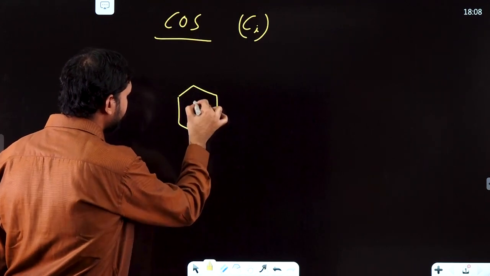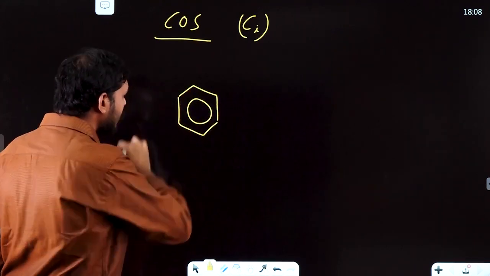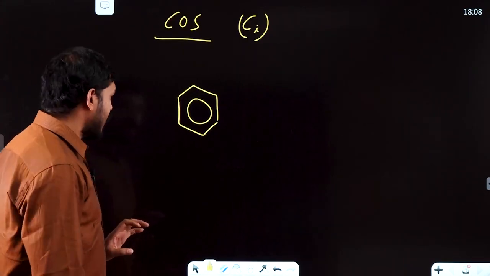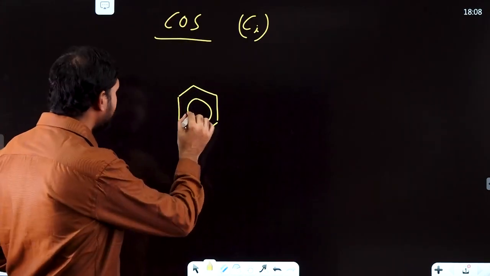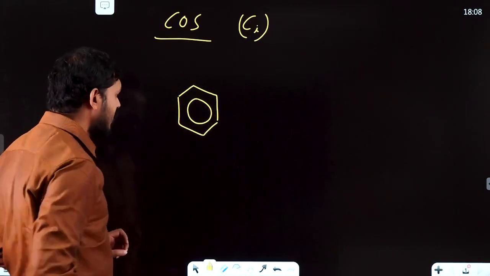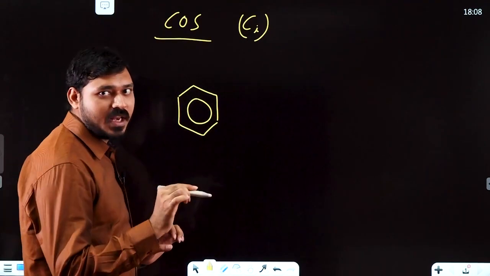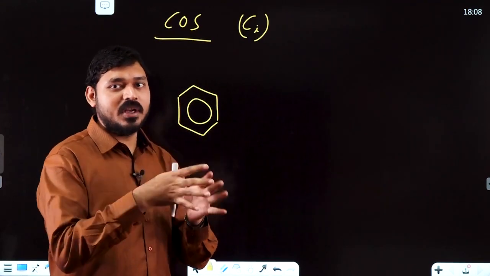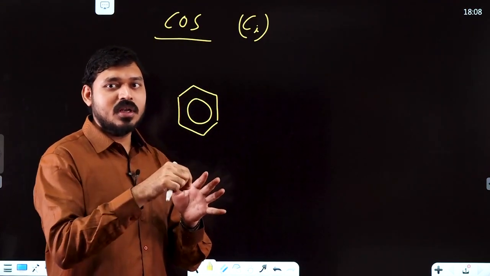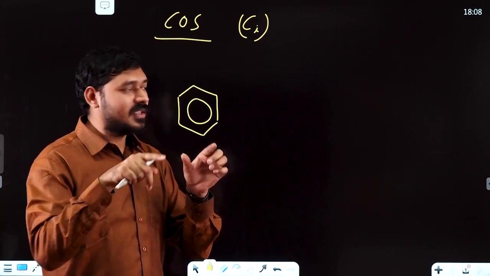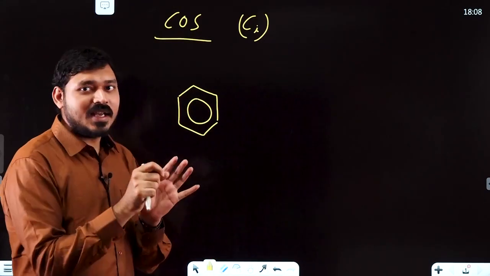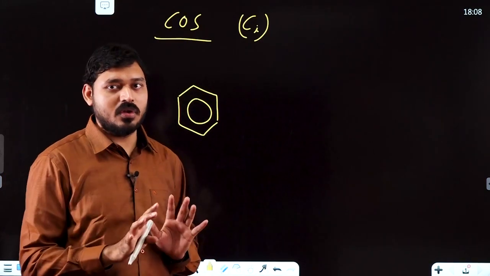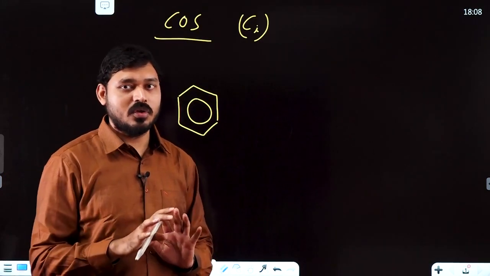of benzene. See, this is benzene. What happens here? You have to choose one imaginary point. Select one imaginary point. Now it does not matter whether that point is the center of the molecule, center of any bond. It is an imaginary point which can be chosen in any part of the molecule or outside of the molecule, no problem.